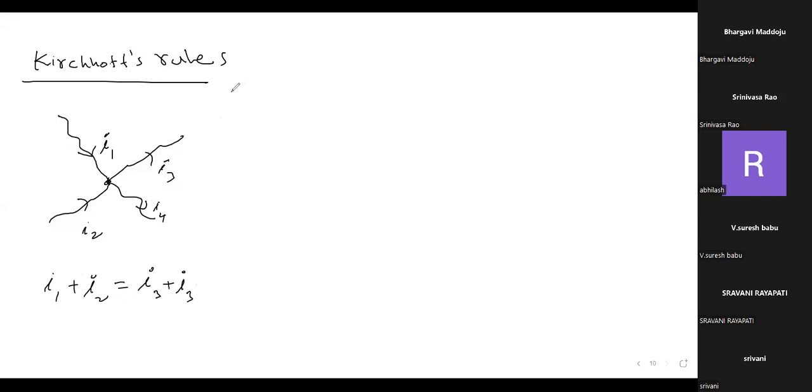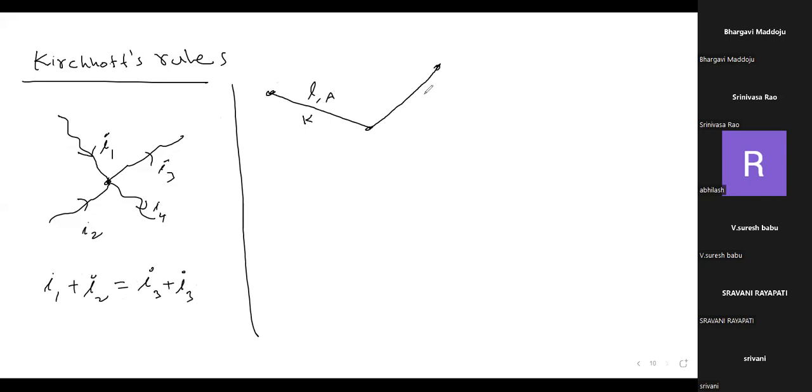In the Kirchhoff rule, for example, some different rods are there. L is the length of the rod, A is the area of cross section, K is the thermal conductivity of this.